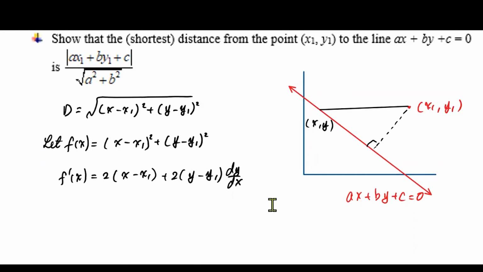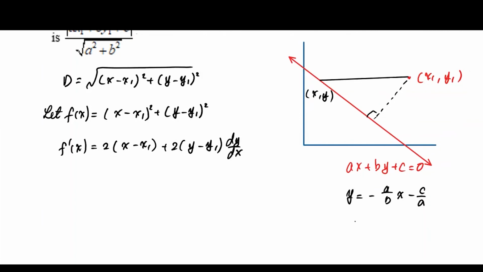My y over here, we can get from here: negative a over b x minus c over b. Good? Too much algebra? Okay, I hope not. And then I can also get dy over dx. Plug this thingy in here and plug this thingy in here.